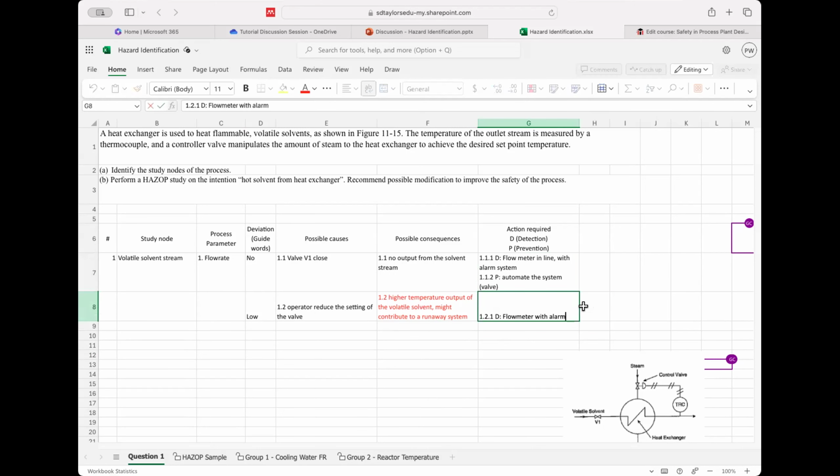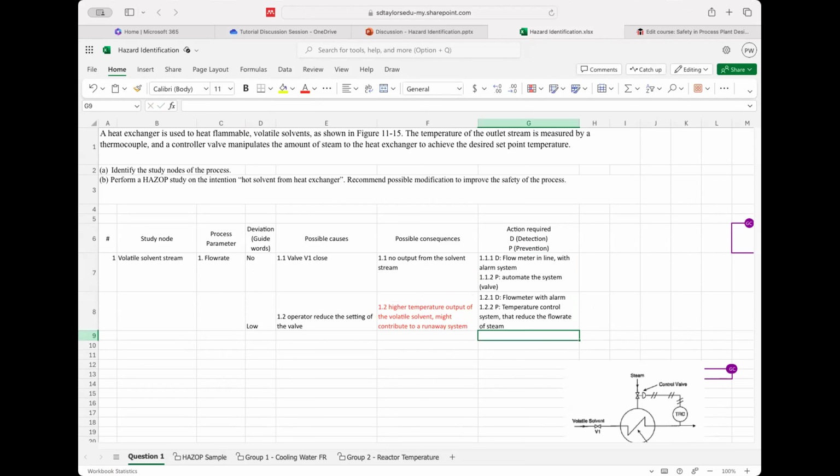But we can also have another prevention, where you can see that the control valve is a temperature control system that reduces the flow rate of steam. As you can see, this system is already in place. That is actually a prevention from higher temperature output. Can you see that? Meaning it helps us to control.